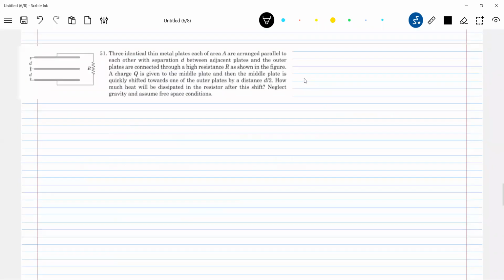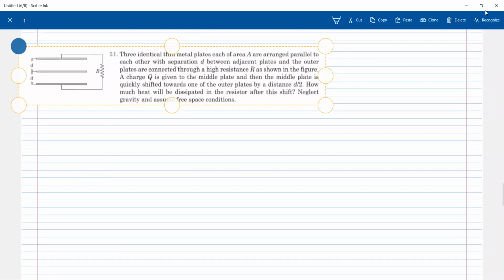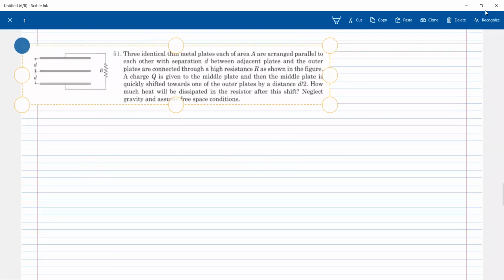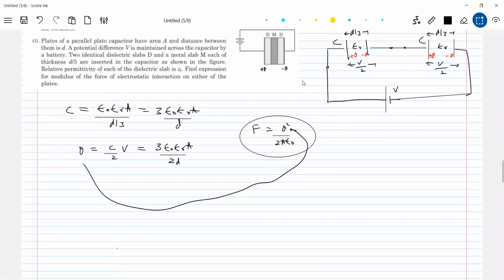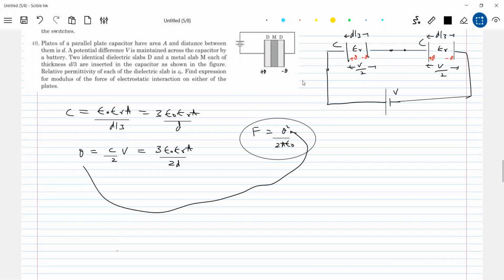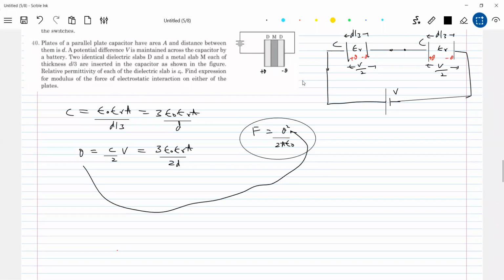No, this one, I think how you interpret the sentence in English is very important. They're in series, no? Two capacitors, they're in series. Effective capacitance C and C, they're in series, so it will be C by 2.